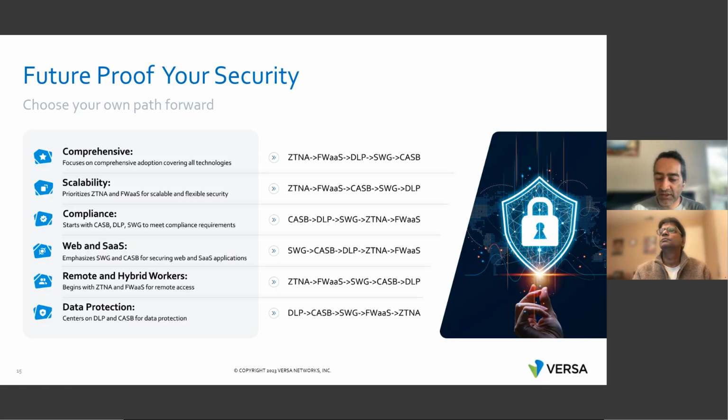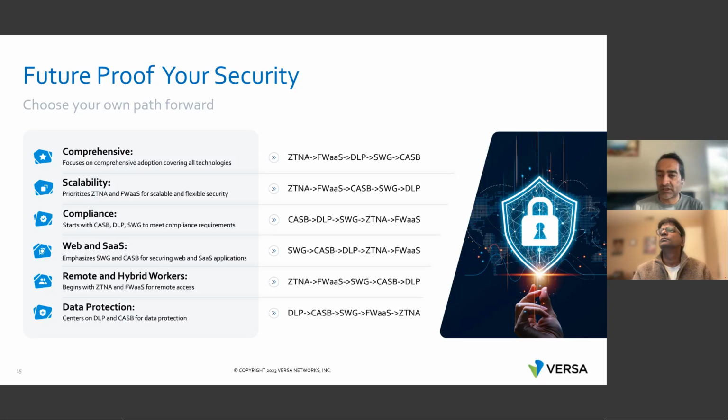We have seen most of our customers start at a point, and most of them have started on ZTNA or Swift first, and then enabled other services. Some, based on their business requirements, have been happy with just using Swift all the time, or just a firewall as a service or ZTNA.